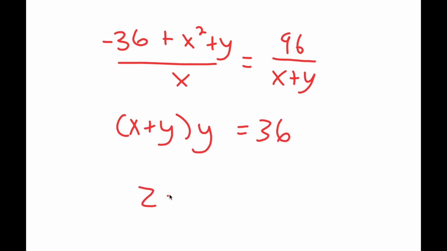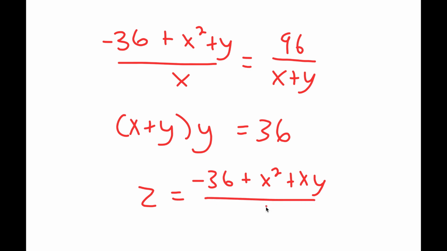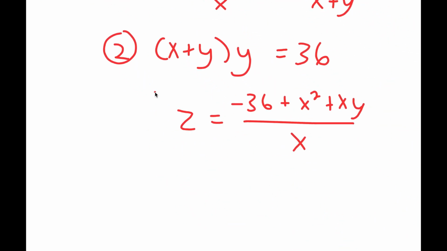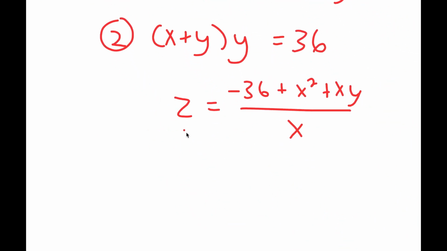Z is equal to negative 36 plus x squared plus xy over x, meaning z is equal to 96 over x plus y. Now I'm going to graph these two on Desmos. If I graph it, the point where they intersect is 9, 3, and that's going to be our solution. So this means that x is equal to 9 and y is equal to 3.